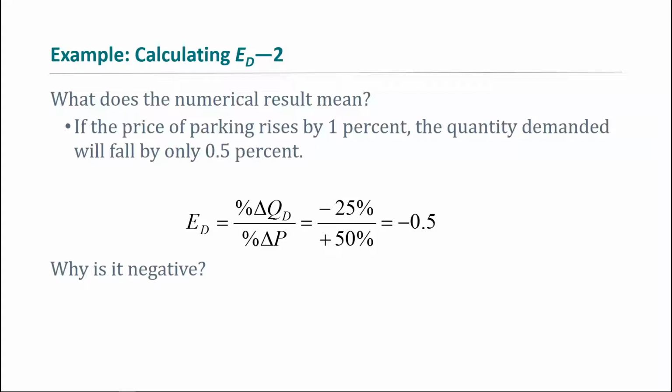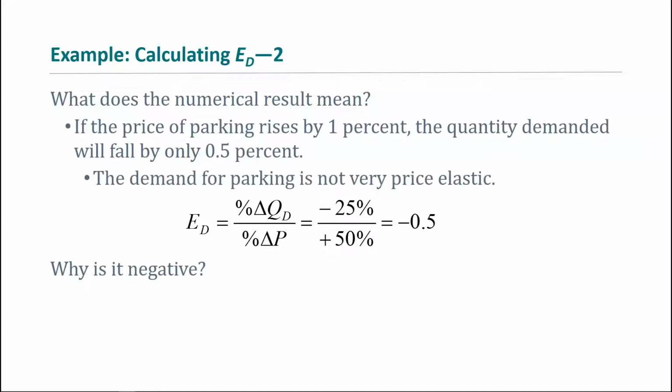Right? So does that sound like it's elastic demand to you or inelastic demand to you? In fact, the demand for parking is not very price elastic. It's quite inelastic. How do I know? I know because the price rises by a greater percent than the quantity demanded falls.